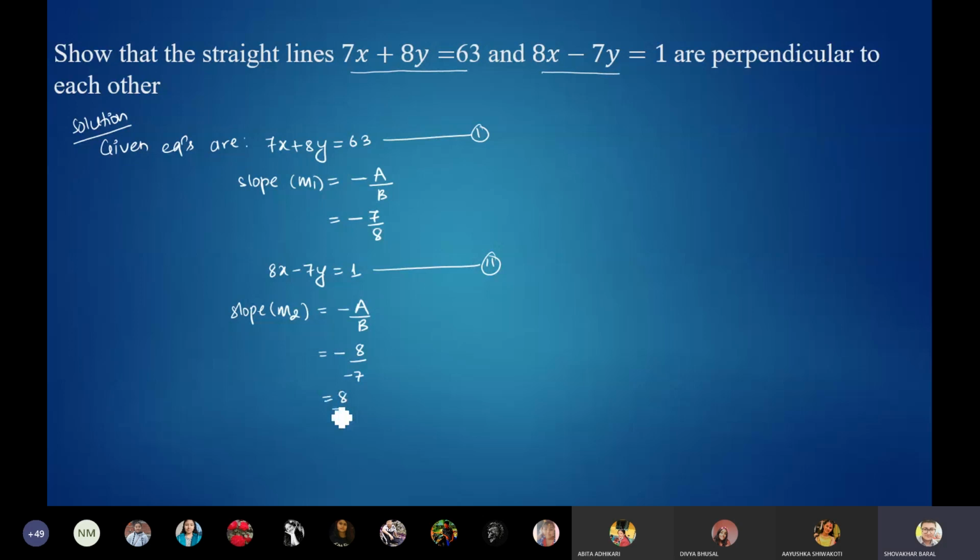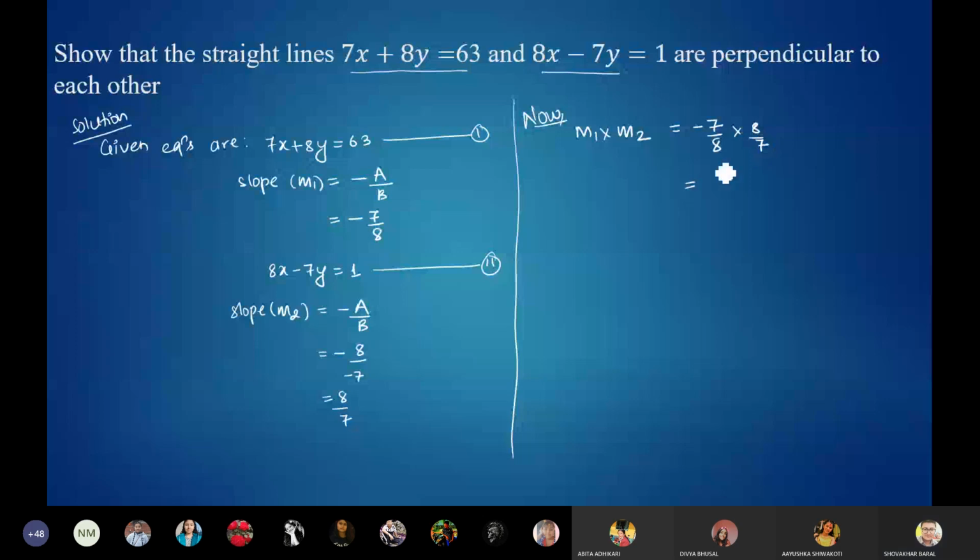Now we need to find the product of the slopes. Let's find it. m1 times m2 is equal to -7/8 times 8/7. The 8 and 8 cancel, the 7 and 7 cancel, so this is equal to -1.